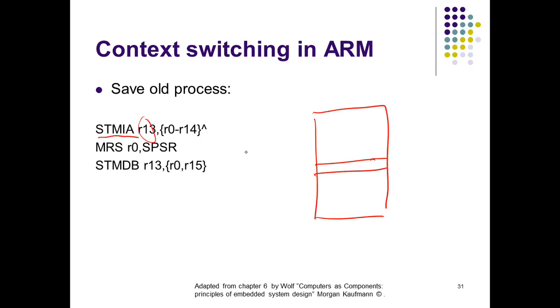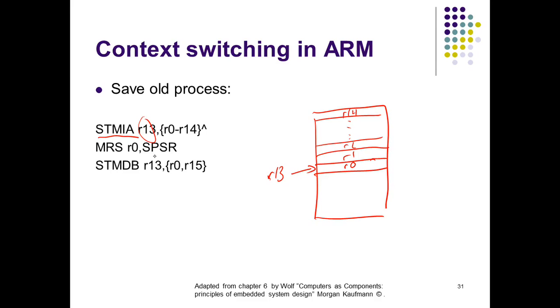What this says is R13 points to a location in memory. Store multiple increment after says: store R0 here, then increment, store R1, then increment, R2, up to R14.